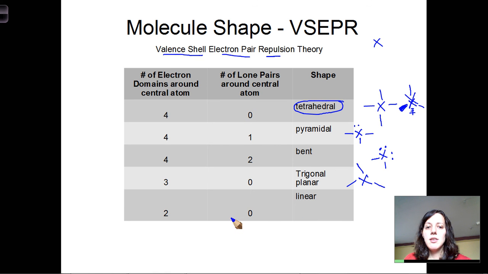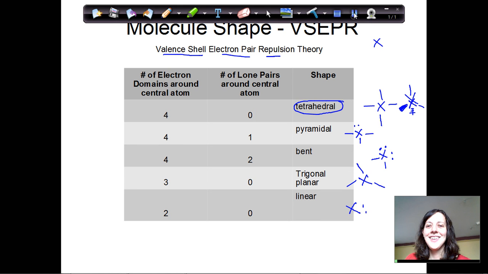And lastly, if you have 2 electron domains around a central atom and no lone pairs, I need the eraser. That's not right.